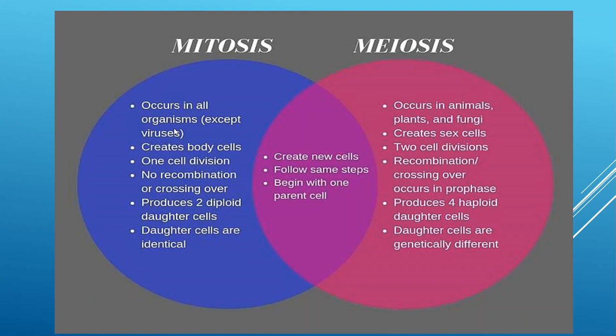Meiosis includes two cycles of division. Mitosis does not have any recombination, but meiosis produces new recombinations. Mitosis produces two daughter cells which are equal in chromosome number to the mother cell, but meiosis produces 4 daughter cells which have exactly half the number of chromosomes present in the mother cell. In mitosis all the daughter cells are identical, but in meiosis all daughter cells are different in characters.